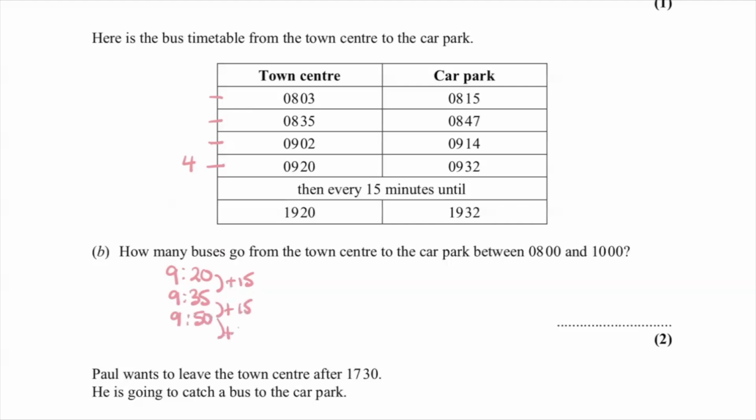If I add another 15, I'll be over 10 o'clock. So there's 3 more buses. Sorry, so there are 2 more buses. Remember, we've already counted the 9:20 in our count up here. So in total, there are 6.